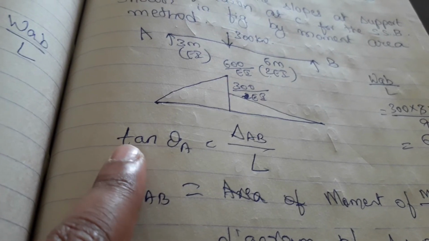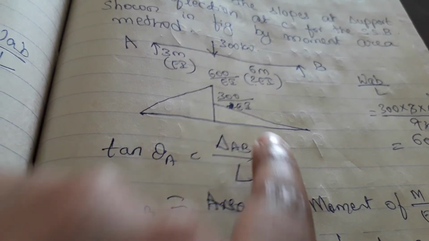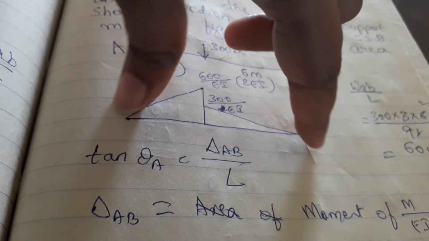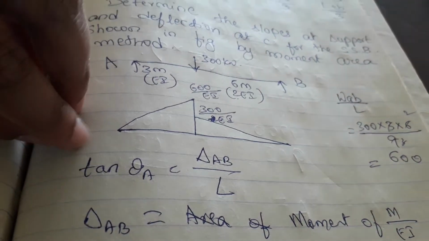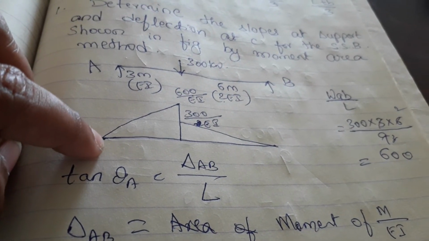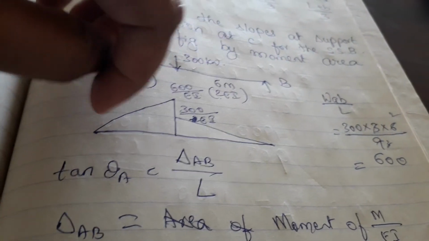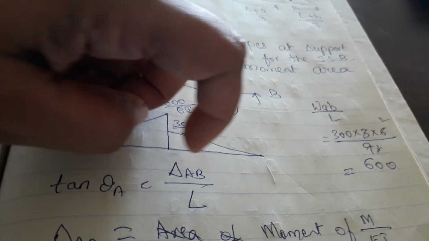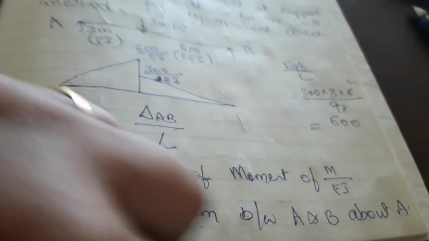What we have to remember is tan theta is delta AB by L. So delta AB by L means we consider the moment of the M by EI diagram between A and B about A. First we have to calculate that. Later we calculate the moment of the M by EI diagram between A and B about B. Once we calculate both, the bigger one we consider as theta A, and the smaller one we consider as theta B.